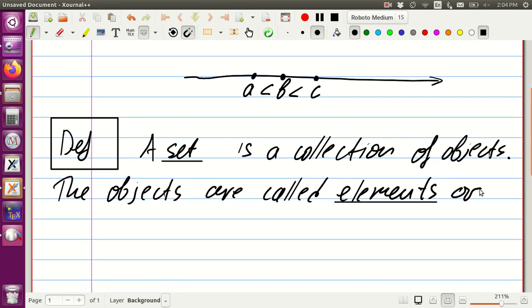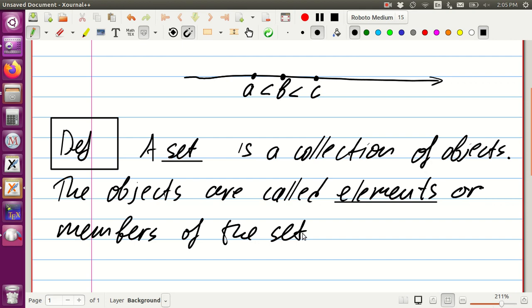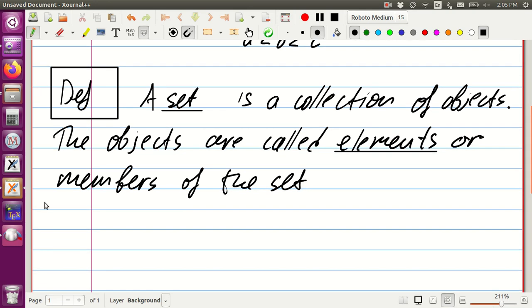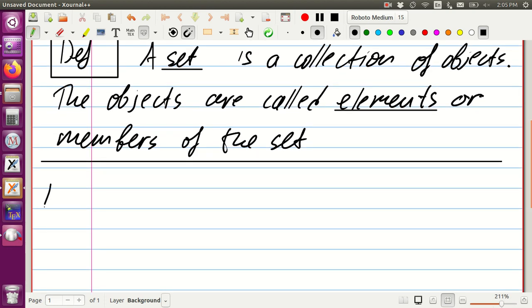Sometimes people call them members of the set. So let's try to see what kind of examples would fit into this definition. What kind of examples we can put?